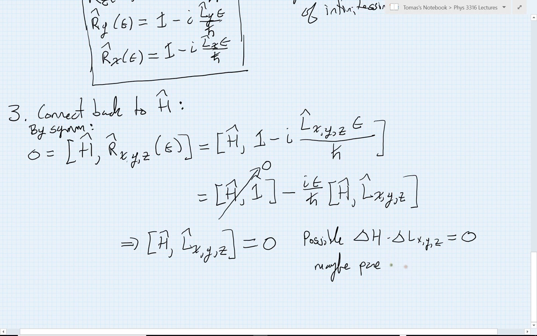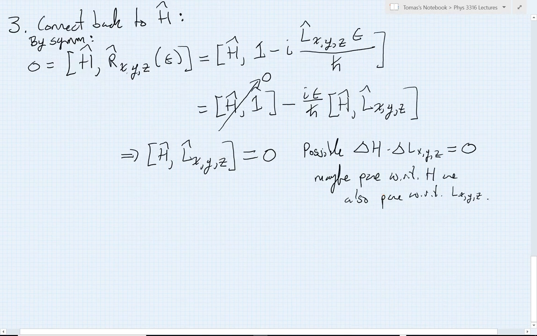I'll put it this way: pure with respect to H are also pure with respect to any of these angular momentum components. That's at least possible from the Heisenberg uncertainty principle. We, of course, have not proved this yet, but that's kind of nice.